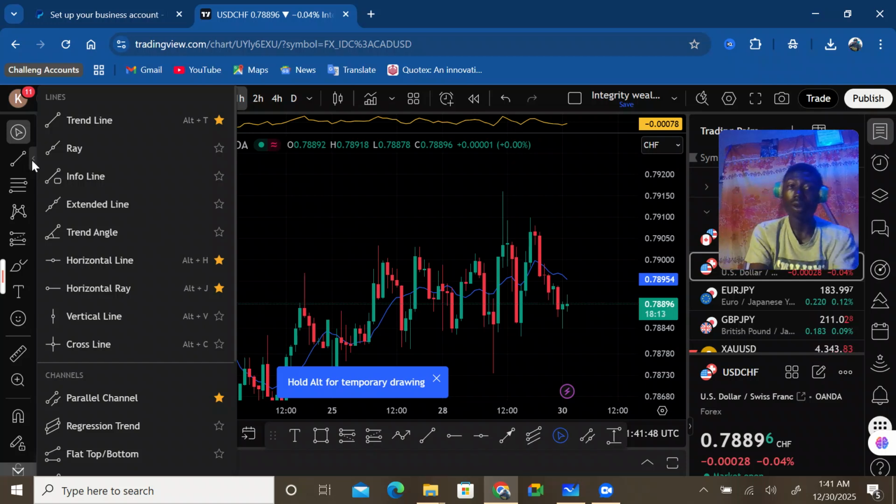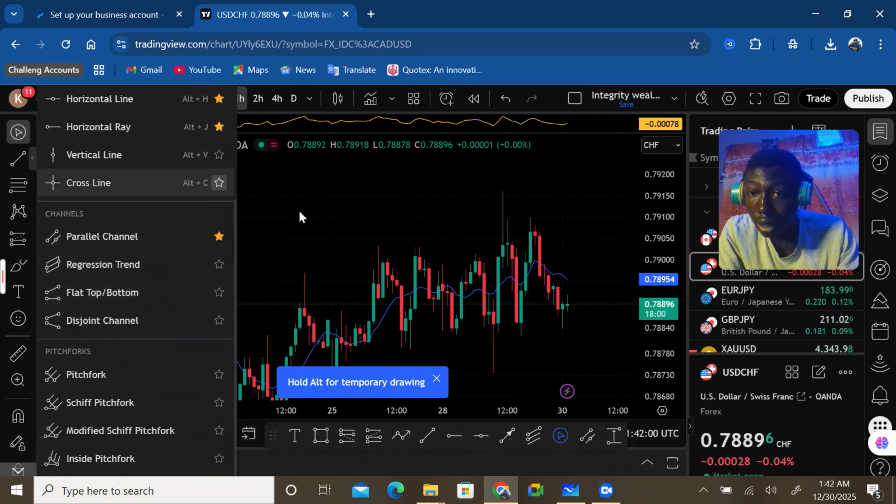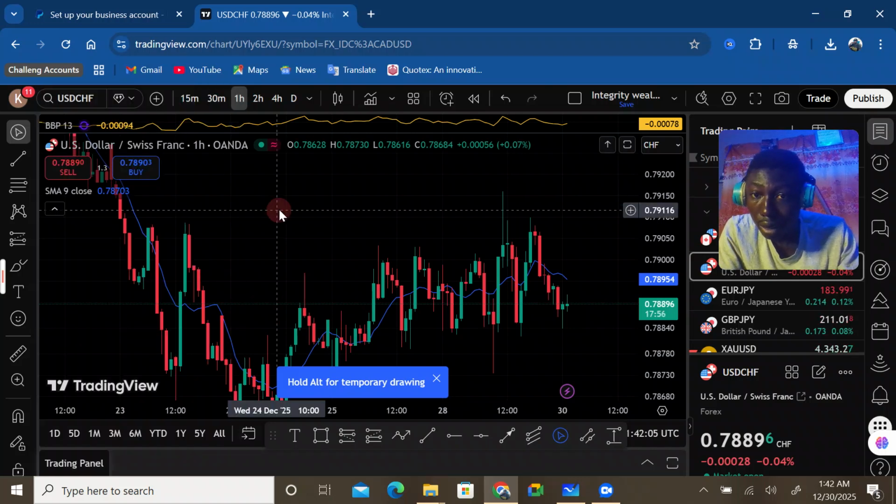The next one is we have the trend line over here. We have the ray, we have the info line. What are being used on the market? You can just go to YouTube and do research on it and then you know how to use all these stuff. Okay, so just come here, just tap on the small figure like this and place it on this like this.